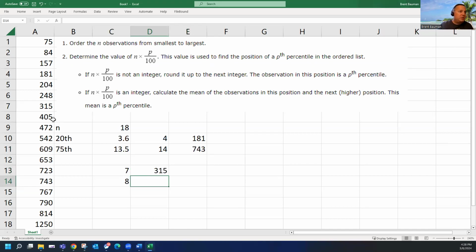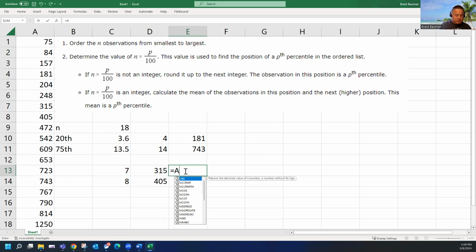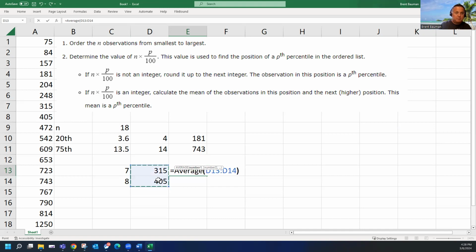In the 8th position is 405. You can use the average function if you want, equals average, to find the mean of these two, or you could just calculate it out: the sum of them divided by the number of items. So that would be the process if you got an integer.